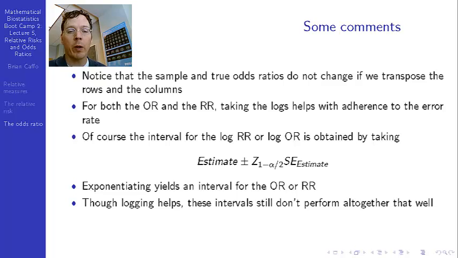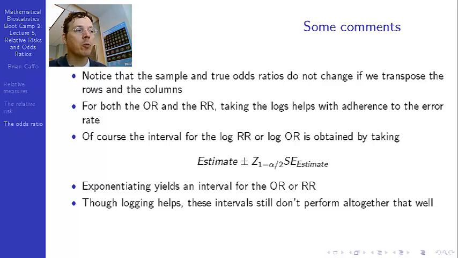But what if we instead entered the data with side effects along the rows and drug A versus B along the columns, and then calculated an odds ratio? Well, you'll get identically the same number. So the odds ratio doesn't care what is the sort of predictor and what is the response. You get the same exact answer.